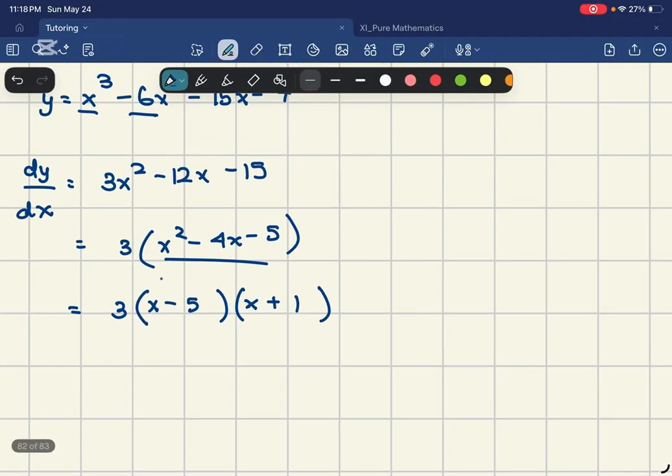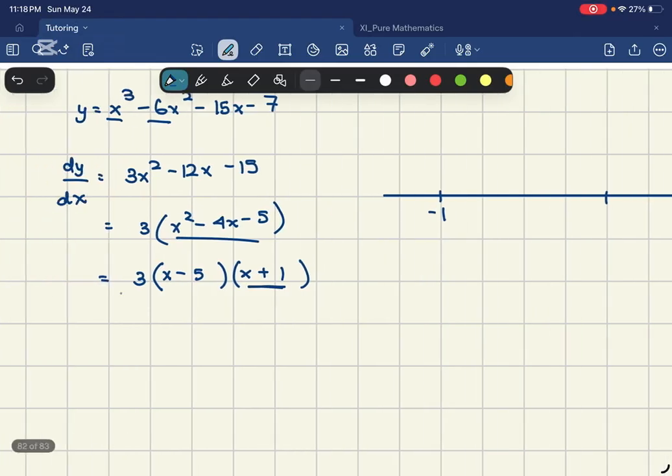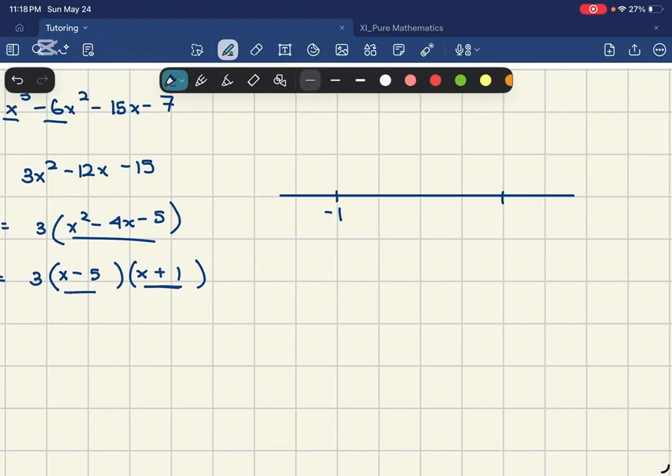And remember, when we did quadratic inequalities, we just plotted this on a number line, right? So from here, I get x is equal to negative 1. That is going to give me 0. So I put negative 1 into this expression. The whole thing is going to be 0. And if I put 5, it's going to be 0. And if I put something that is bigger than 5, right? So if x is bigger than 5, then my first term is positive, my second term is positive.